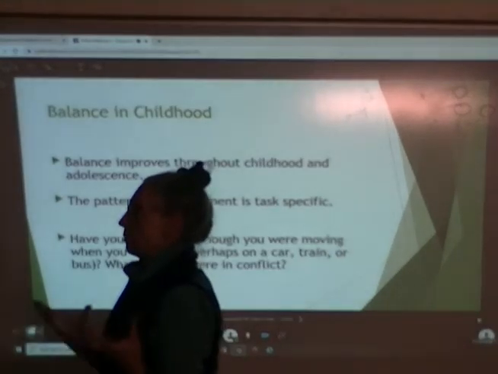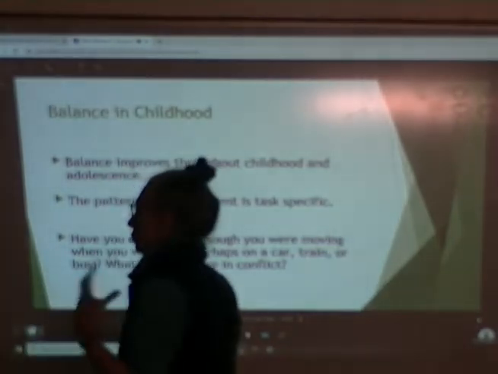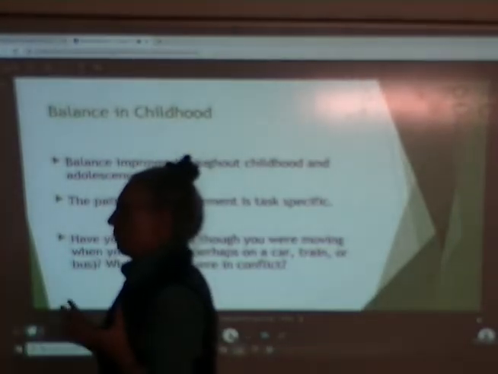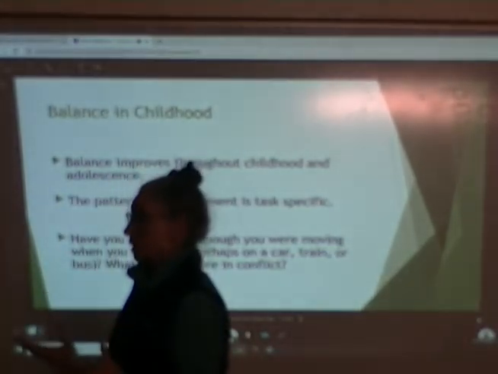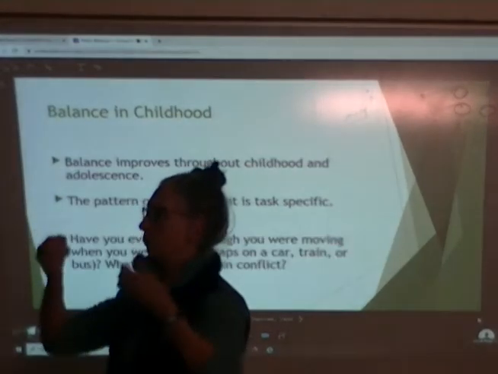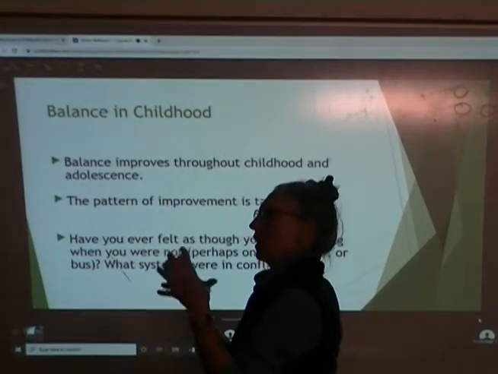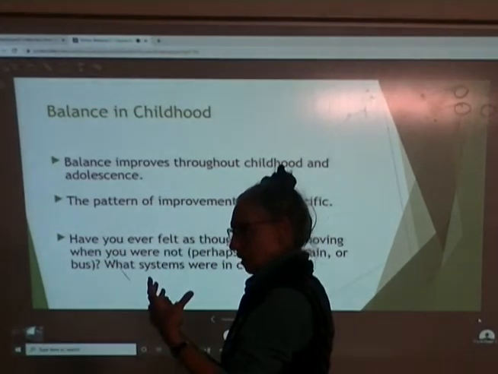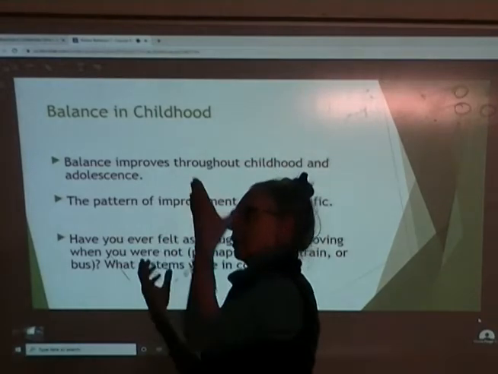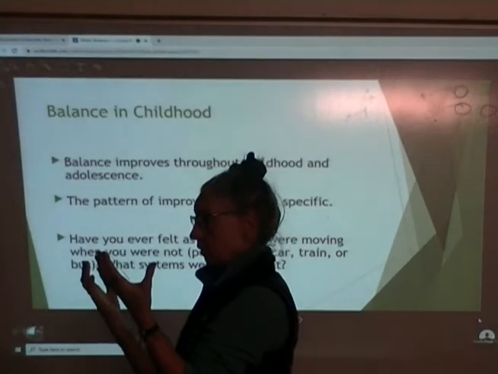We should make them stand with their eyes closed. We should make them turn around in circles with their eyes closed. We should make them balance on one foot with their eyes closed. Because we need to teach the brain to pay more attention to the kinesthetic information it's receiving so that it can make better judgments, right?